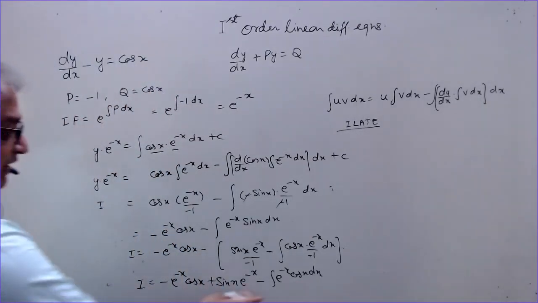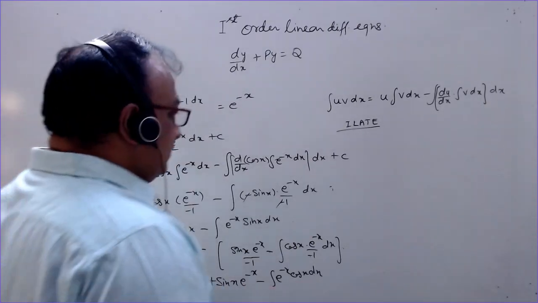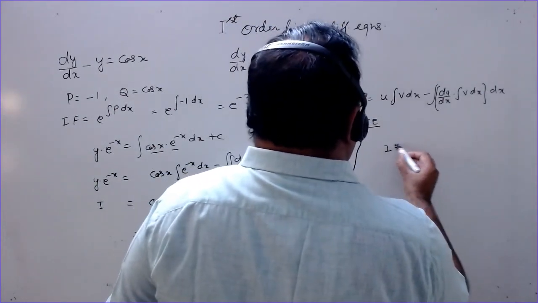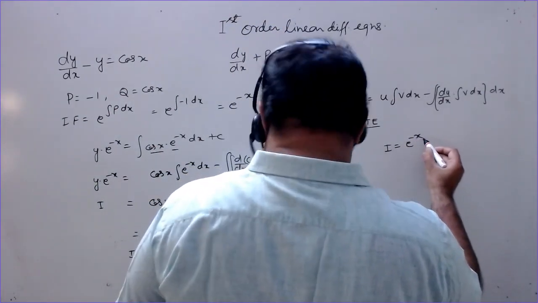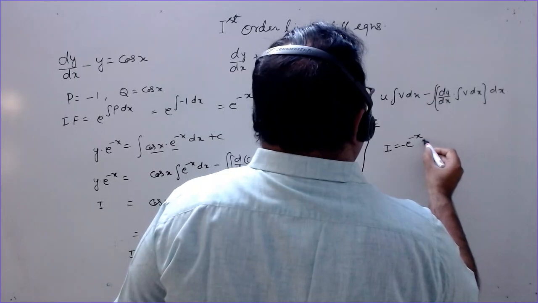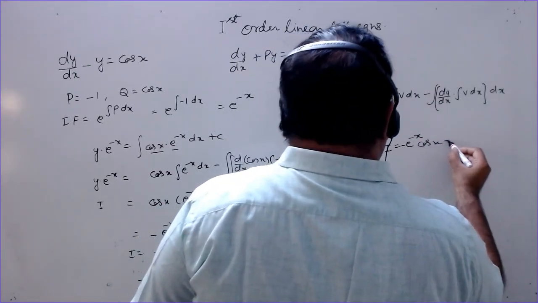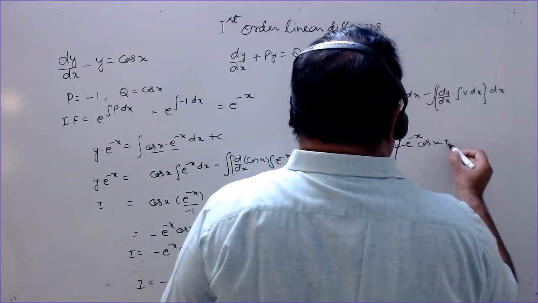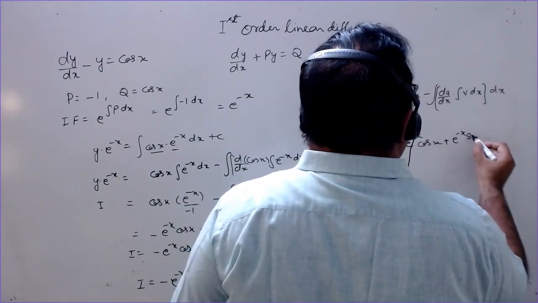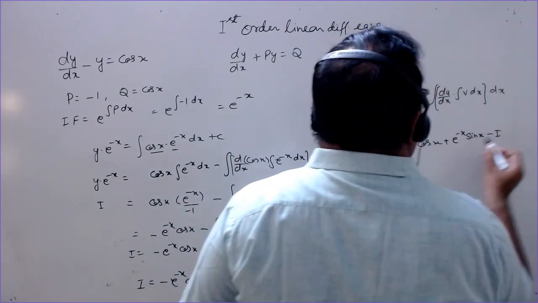So this I and this are the same, so I can write I is equal to minus e to the power minus x cos x plus e to the power minus x sin x minus I.